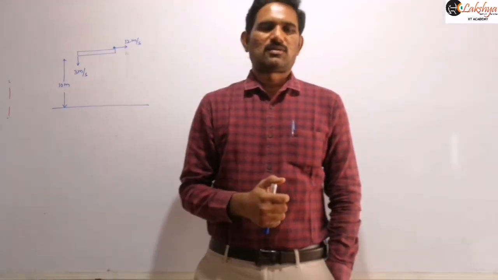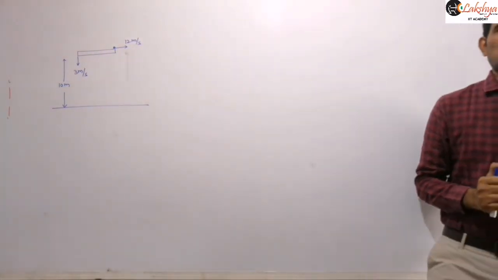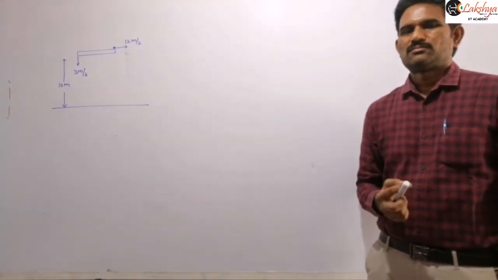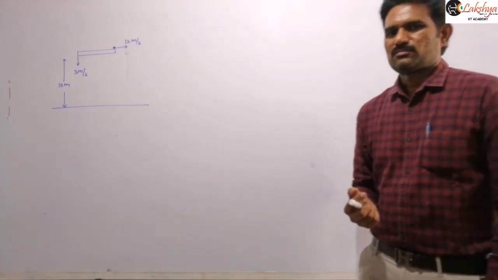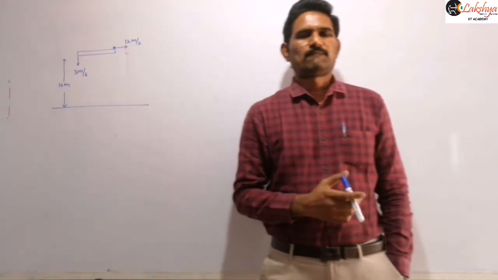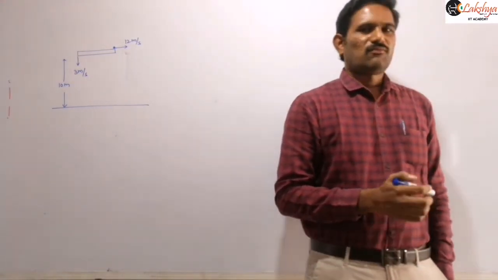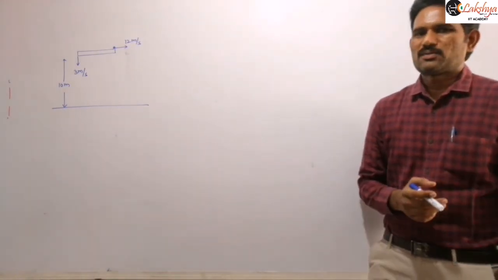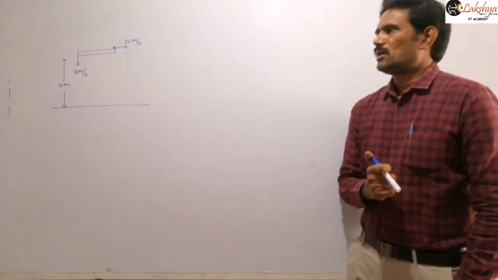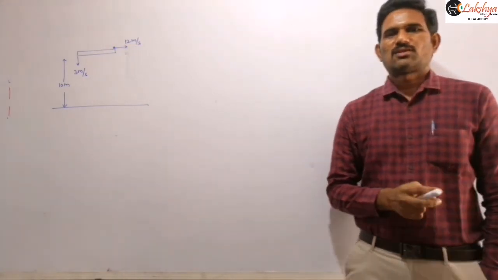When it is at a height of 10 meters above the ground, an object is projected horizontally with a velocity of 12 meter per second with respect to the platform.